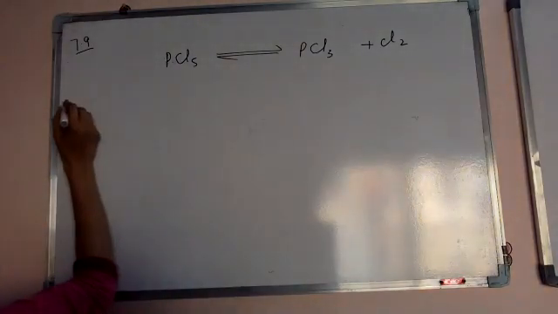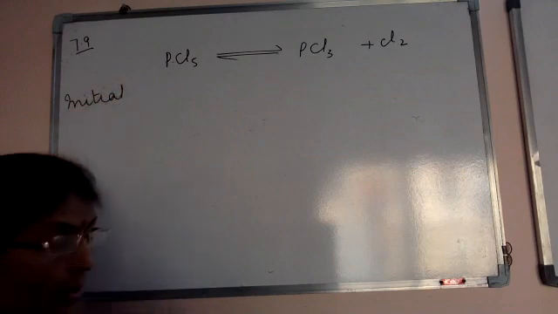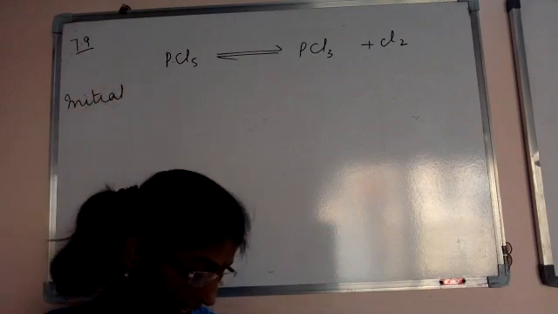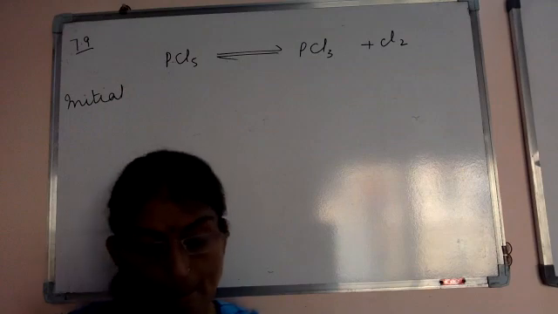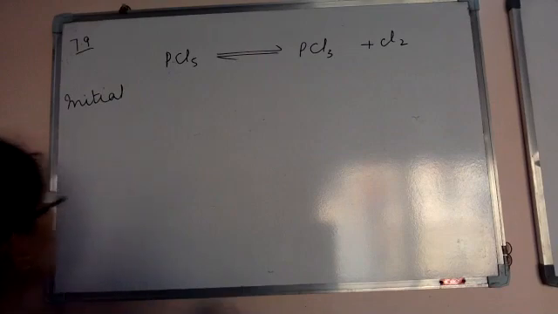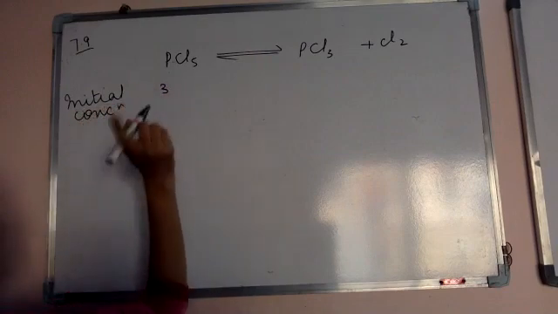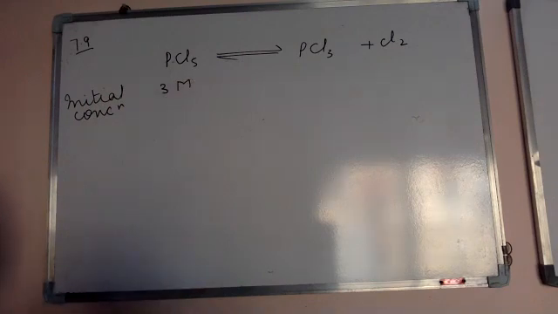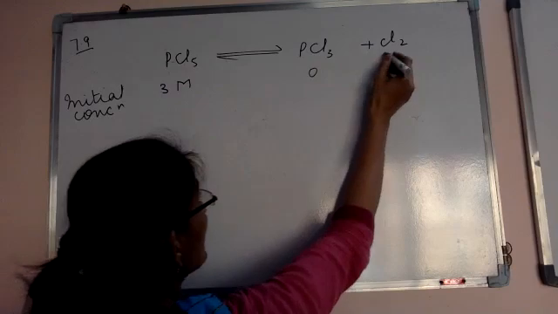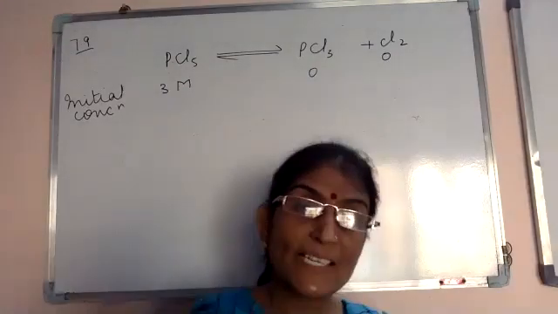We have to make a table. First, what is given as initial? You read it. We are given 3 mole of PCl5 kept in 1 liter closed vessel. Initially, what is the initial concentration? It is 3 mole per liter. 1 liter is given, so 3 mole per liter of PCl5 is taken, and these concentrations are 0 because initially only PCl5 is taken.